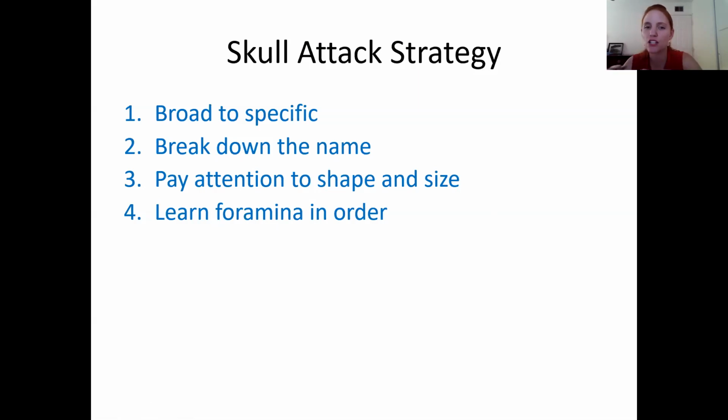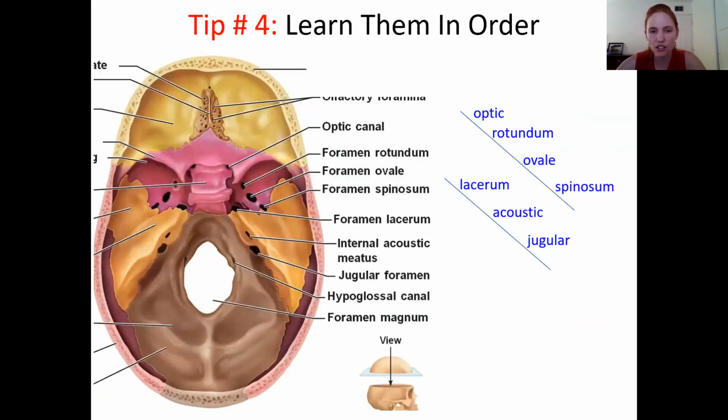So make sure you know at least a couple of the ones that are really distinctive, know where those are, and use them as placeholders as you work your way through. For example, if you get to ovale and you're not on one that's oval shaped, you're probably not in the right spot.